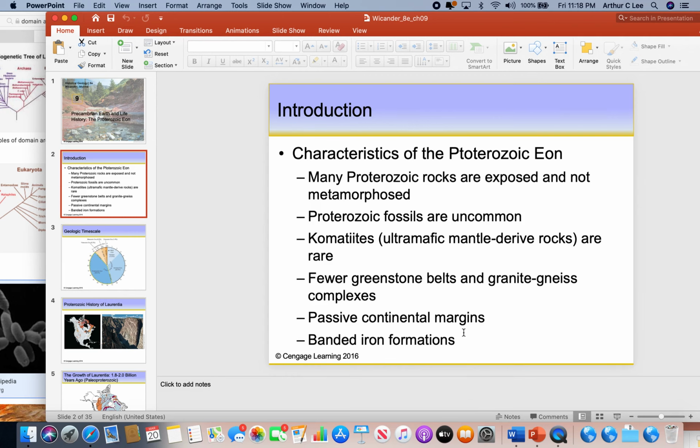What does that mean? Well, as we move onwards and forwards, I'll talk about that. We'll also find lots of these banded iron formations in the Proterozoic. We'll talk about that as well. They're also called BIFs, B-I-Fs.